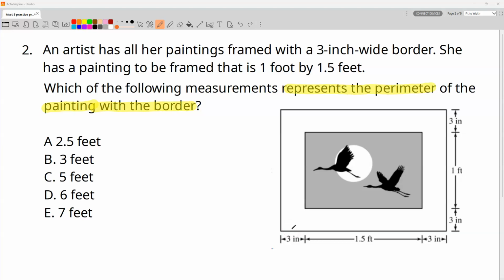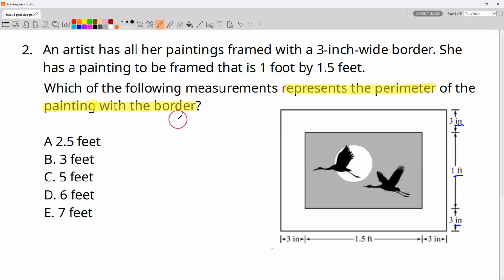A couple things you want to be careful of: this is in inches, and this is in feet. So you're going to have to change some things to make sure that you're using the same units.